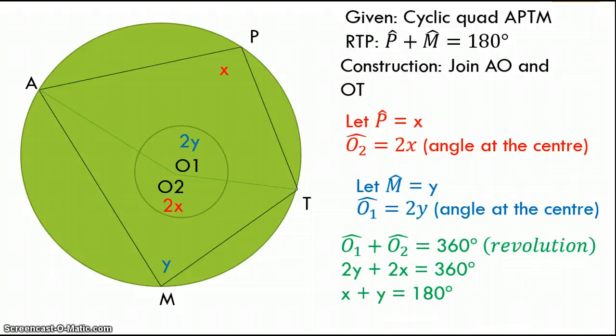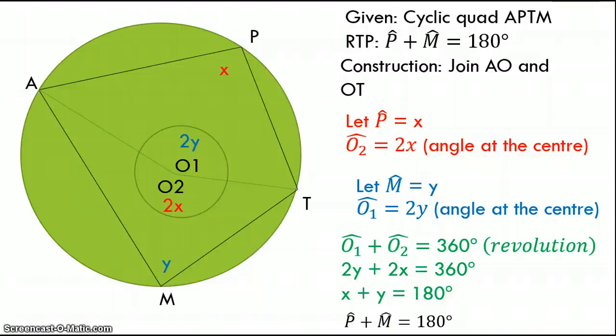So 2X plus 2Y is equal to 360, so X plus Y equals 180 degrees. And so if you have a look then, back to where we started from, we have that P plus M is 180 degrees. So it works out quite simply, and we can do the same thing to prove angle A plus angle T adding up to 180 degrees.